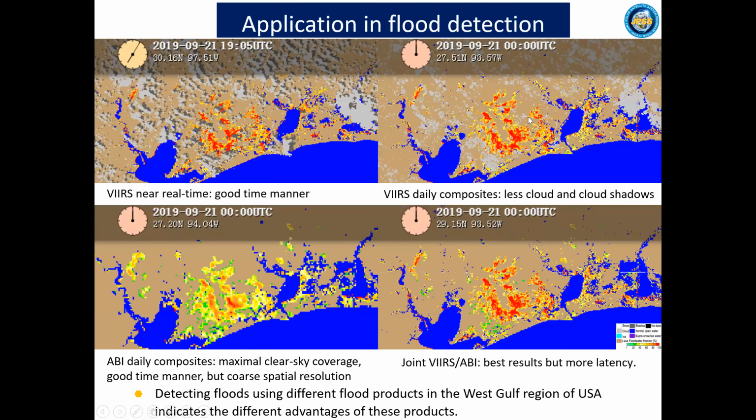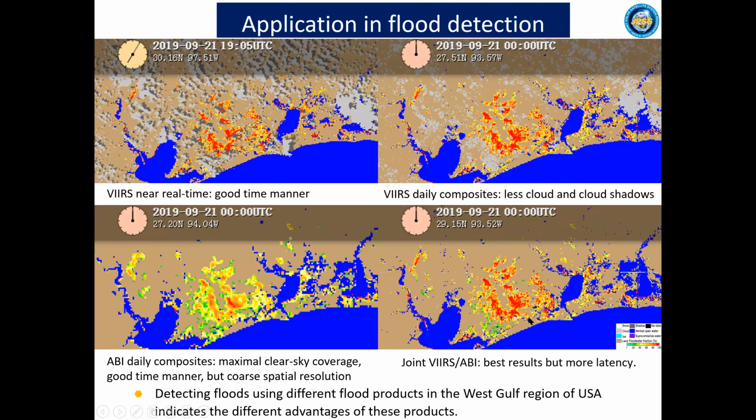This one has fewer clouds and cloud shadows, and it shows more flood water. The bottom left one is the ABI daily composite. This one is almost cloud free, and it derives the maximum clear sky coverage and has a good timeliness, but the spatial resolution is quite coarse, so the boundaries of the flood water are quite vague.